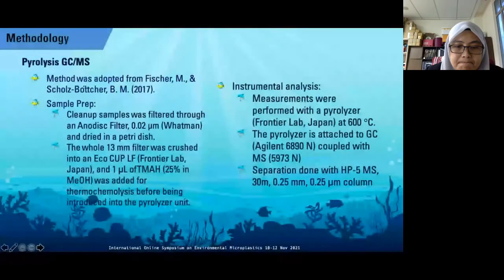And then for the pyrolysis, which has been done by our collaborators, this technique utilizes a high temperature pyrolyzer. In our case, it is 600 degrees Celsius to pyrolyze all the microplastics and maybe the additives before the compounds are separated in the GC, and later the mass ions are analyzed by the MS. In this case, we are using the non-polar HP5 MS column.